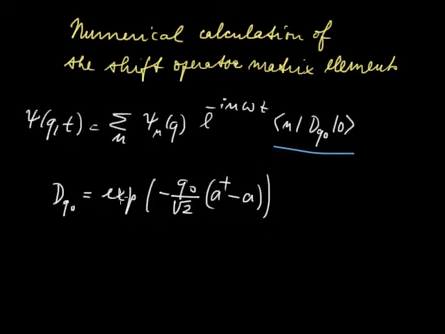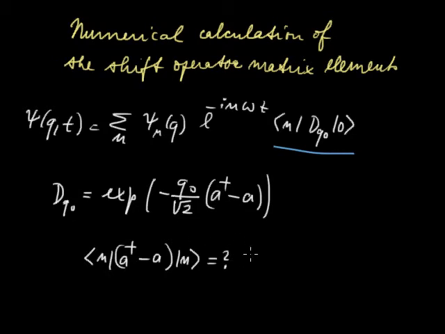So in order for this to be diagonal, this operator in here would have to be diagonal. So we would have to have the n a dagger minus a n thing be the only thing that is non-zero. So the question is, what is this?